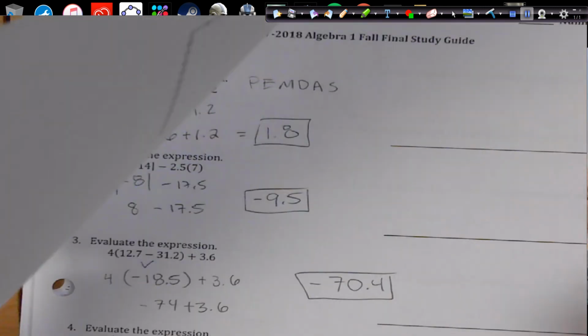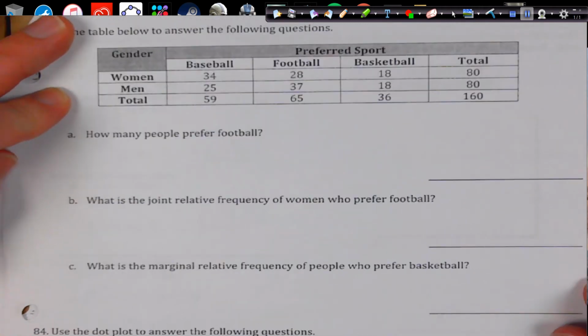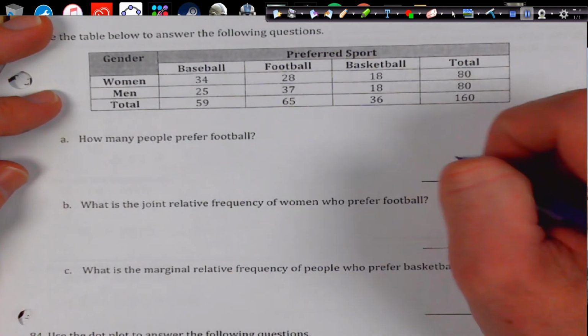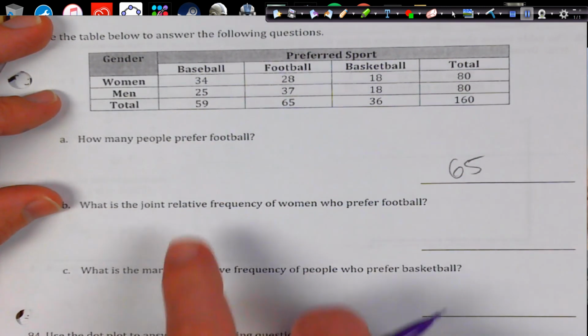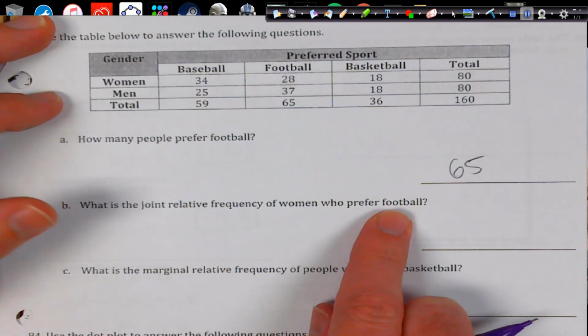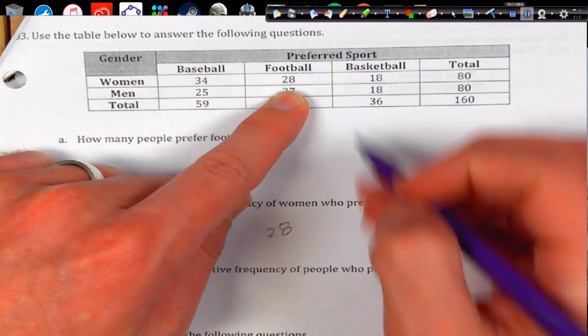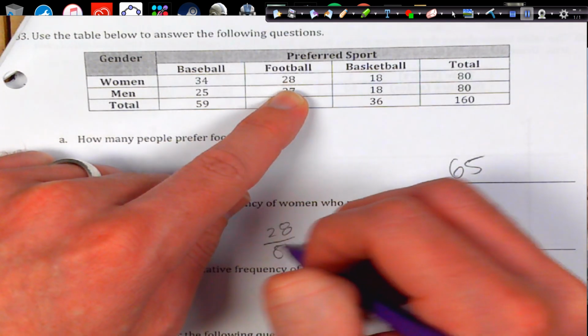Use the table below, answer the following questions. We're almost done. How many people prefer football? 65 total people prefer football. What's the joint relative frequency of women who prefer football? So we're going to look at women who prefer football out of the total number of women, because we're looking only at the women.